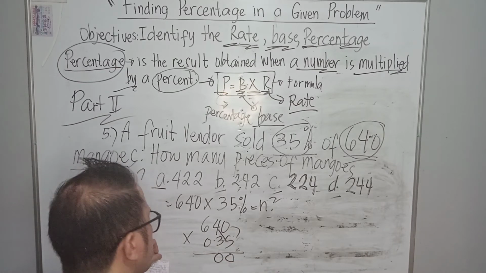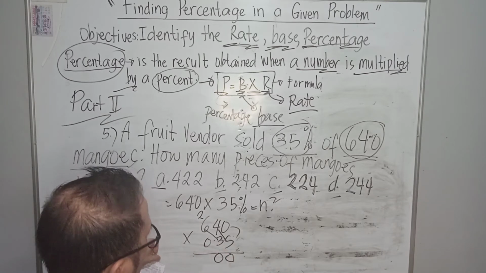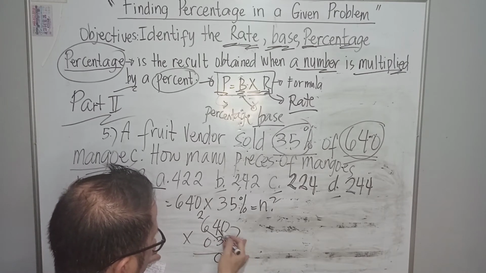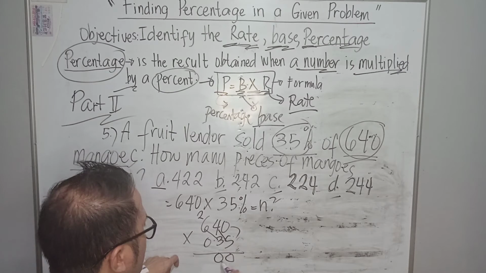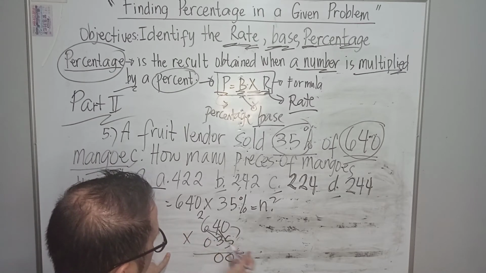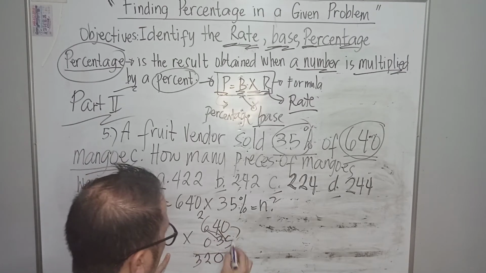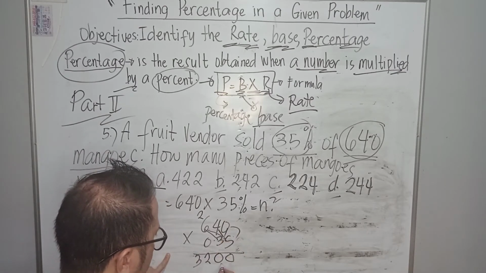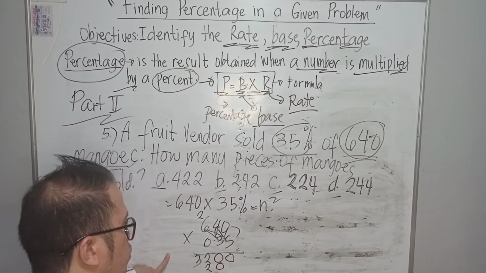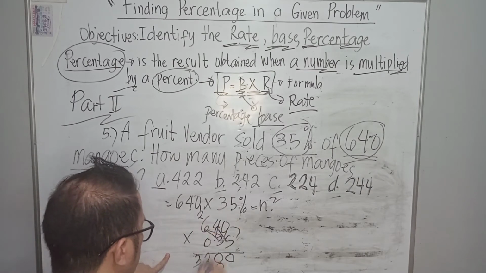Bring down 0. 6 times 5 is 30, plus 2 is 32. Now next, 0 times 3 is 0. 4 times 3 is 12. Bring down 2, regroup 1 above 6. 6 times 3 is 18 plus 1 is 19.